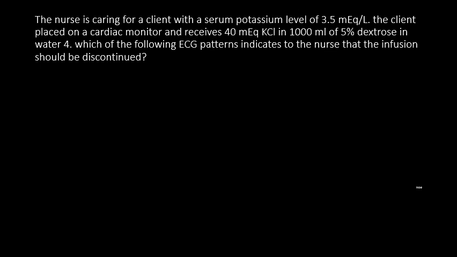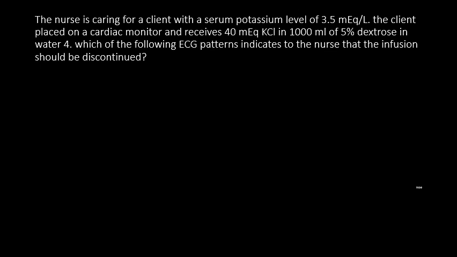Next question. The nurse is caring for a client with a serum potassium level of 3.5 mEq per liter. The client is placed on a cardiac monitor and receives 14 mEq potassium chloride in 1000 ml of 5% dextrose in water.